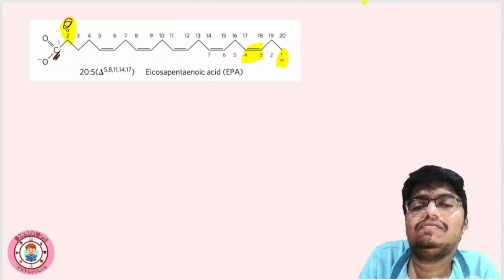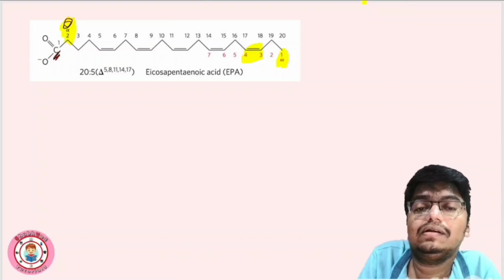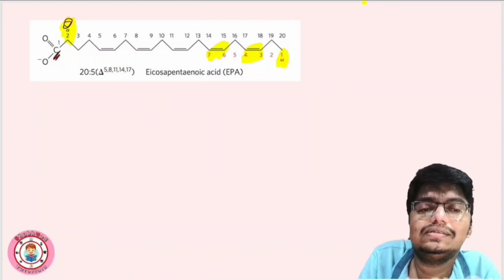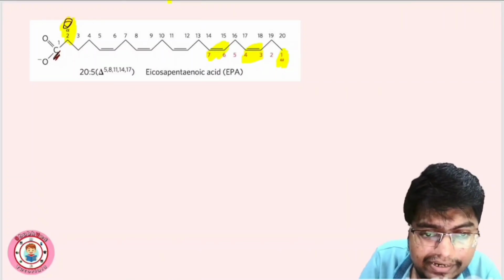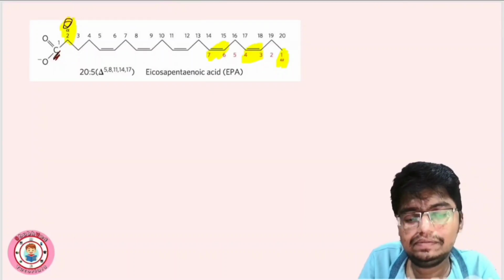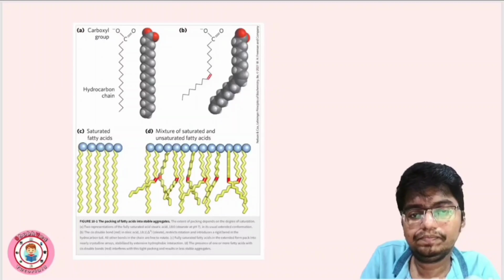Okay, omega 3 fatty acid, and when the double bond is present in between 6 and 7, it is omega 6 fatty acid, right? So this is about polyunsaturated fatty acid which are important, right? Let's move further.